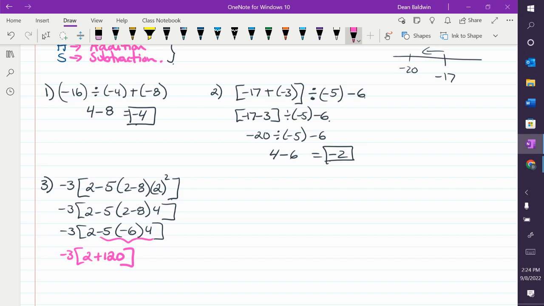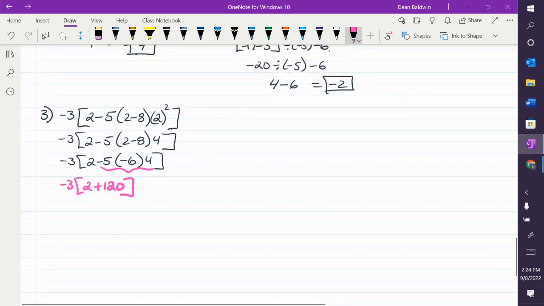So I get that. So we're still in the brackets. 2 plus 120 is 122. And then the final step.